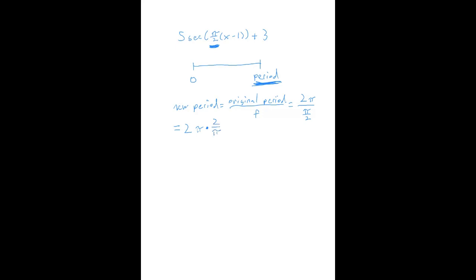So here, my pi times and divide by pi should cancel, leaving me with 2 times 2, which is just 4. So that tells me that my period here is just going to be 4. So I am going to write out from 0 to 4 because that is the period that I found with this formula.